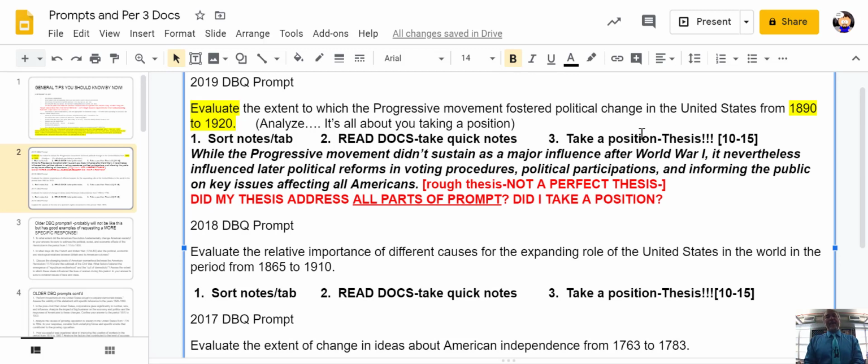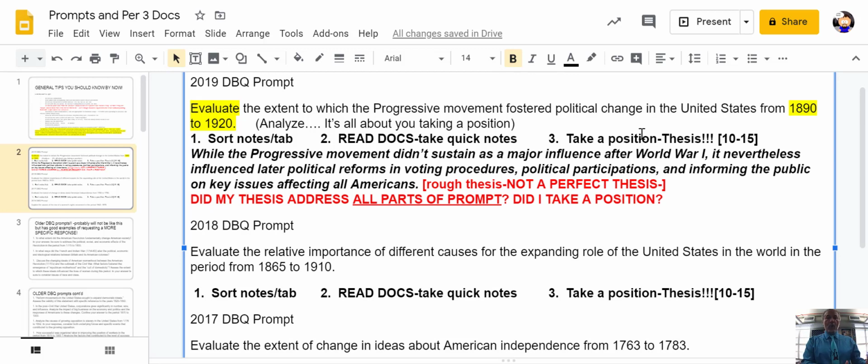Now, maybe you come close, maybe it's something like 1887 and you're talking about the Interstate Commerce Act. It may be excusable, but for the most part, that's why it's important to have your notes sorted out for time periods.